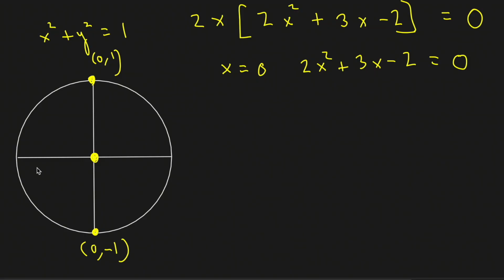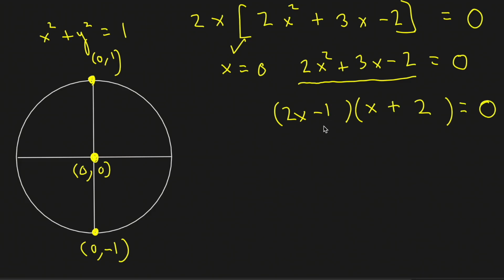We'll apply f to see which one's the biggest and which one's the smallest. So this one is just (0, 0). So we took care of x equal to 0. That gave us these 2 points that we have to check. This is a quadratic equation, which we can factor. And if you poke around, you're going to find it factors this way.